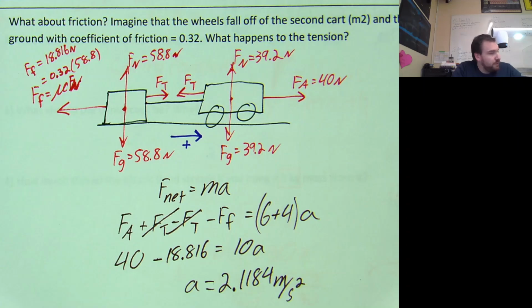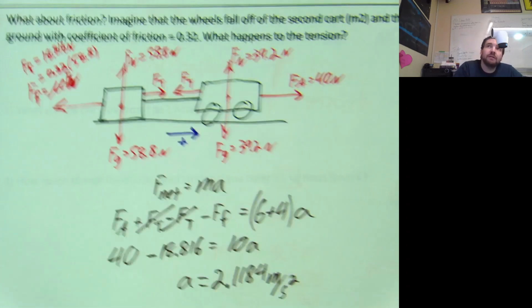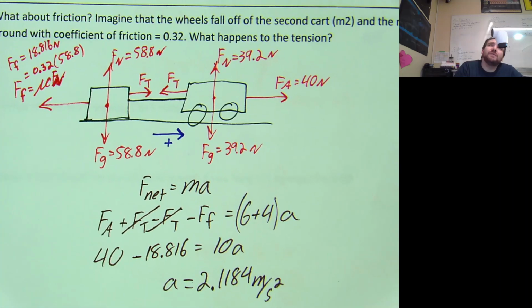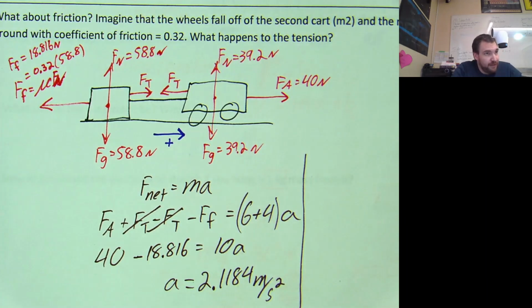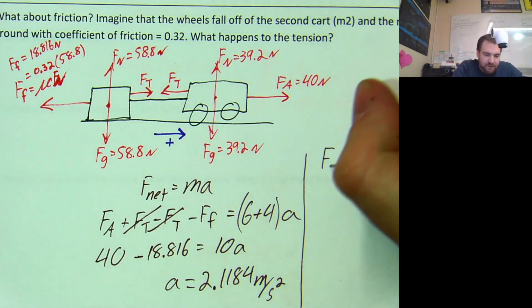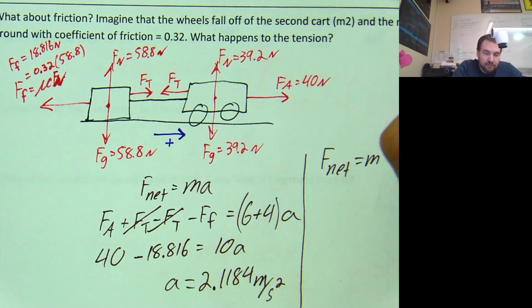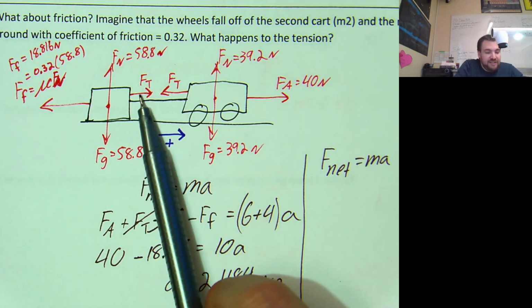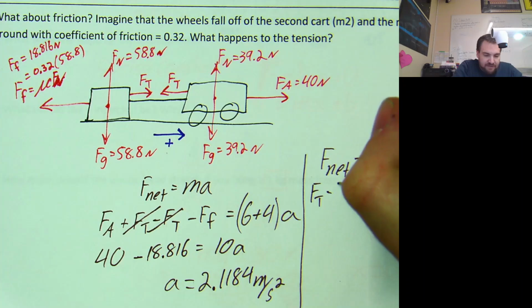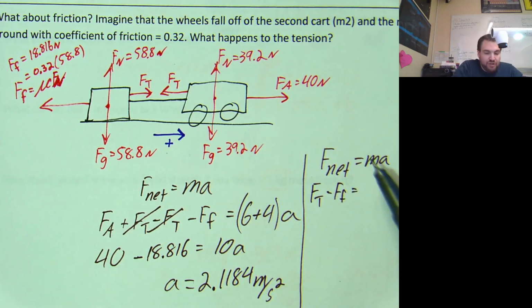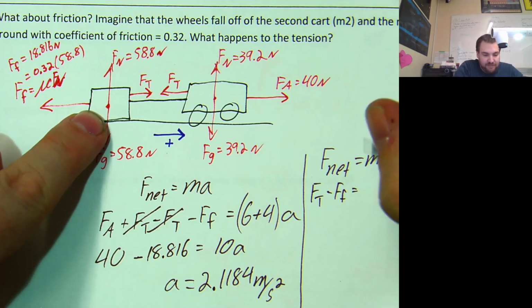Now to find the tension, we focus our attention on one block. Which block do you guys want to use? Left one again? Okay. So then what's my F net equation going to be for the left block? If we look at just the left block, Ft is acting in the positive direction, minus Ff. Ft minus Ff equals, and now we want just the mass of the left block, so that's 6.